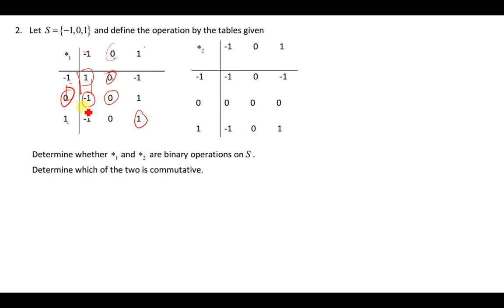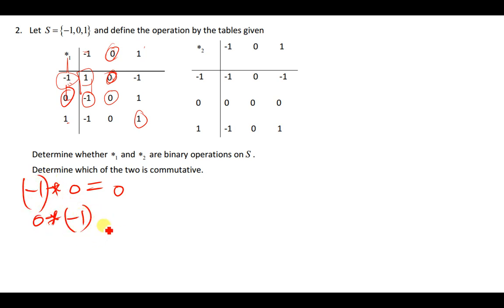So there's this difference, right? -1 star 0, the answer is 0. Then we also have 0 star -1. We know that commutative deals with the arrangement.